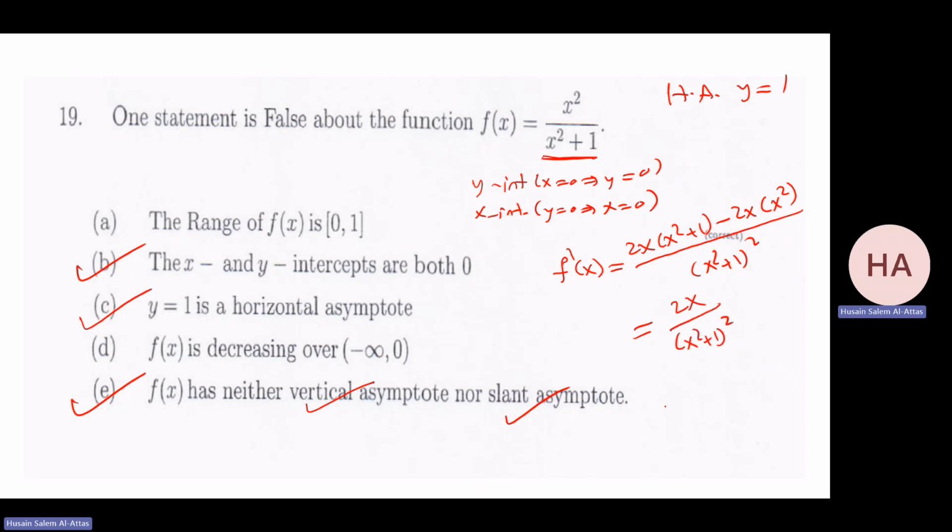So I make it 0. Before 0, it's negative, and then it's positive. So f(x) decreasing over minus infinity to 0 is correct. This is decreasing, this is increasing. I have 0 is a local minimum, and at 0, it's 0. There is no local maximum.